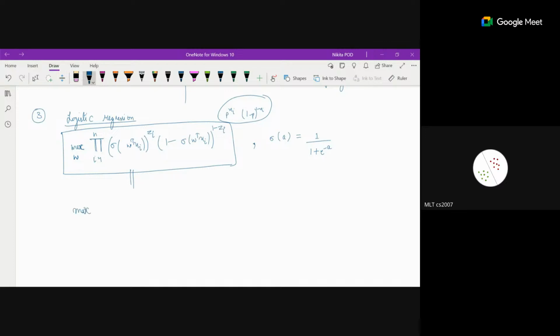So if you take the log, you have max over W. This product becomes a summation, and when you take the log of this, you will get Zi times log of sigma of W transpose Xi, plus 1 minus Zi times log of 1 minus sigma of W transpose Xi, with i varying from 1 to n.